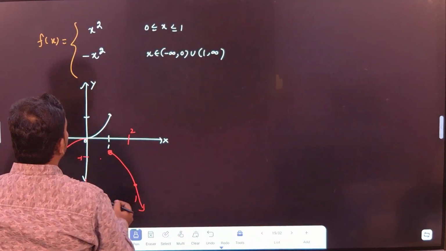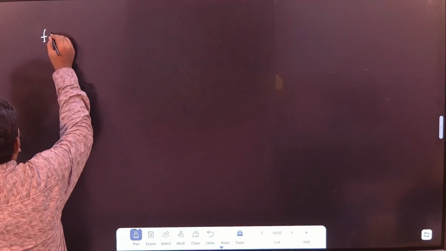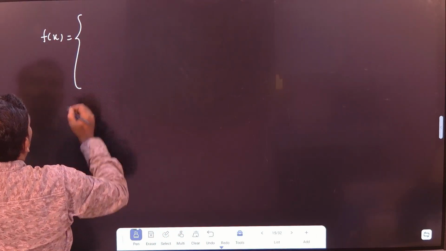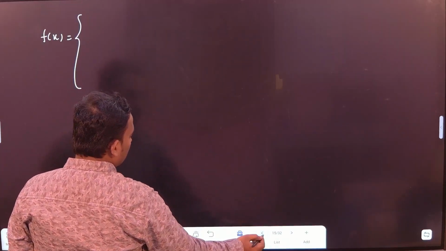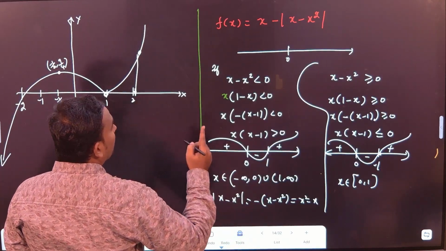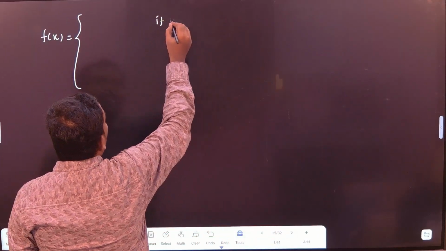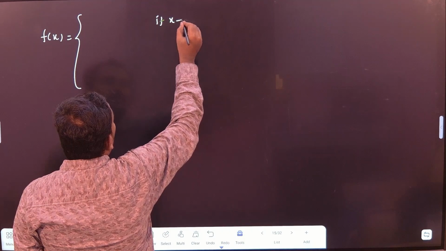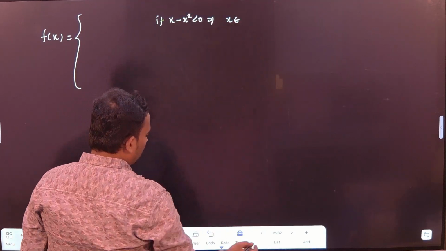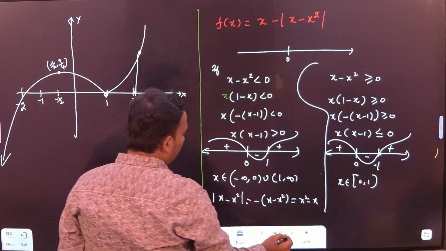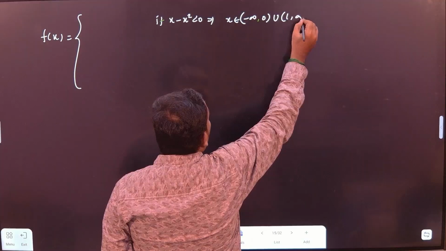So, f of x equal to, how to define this one? Tell me. When x minus x square is less than 0, that means x belongs to minus infinity to 0 union 1 to infinity.